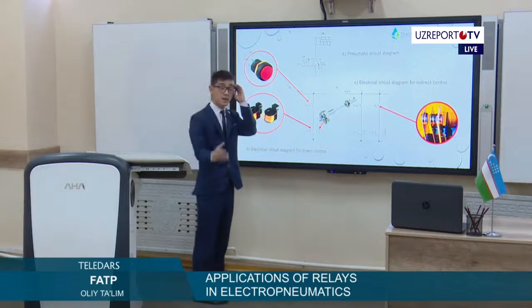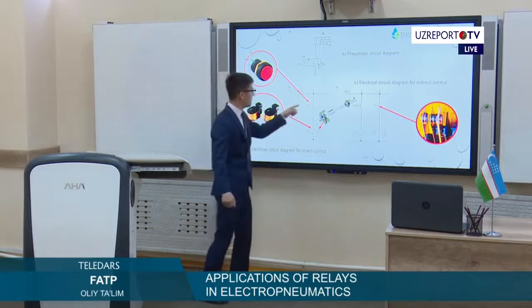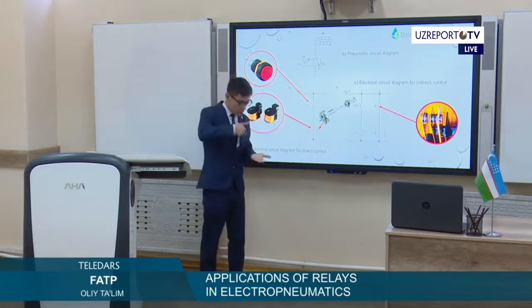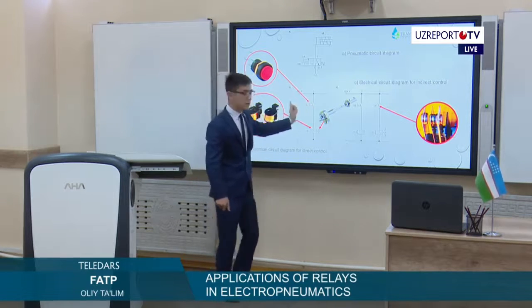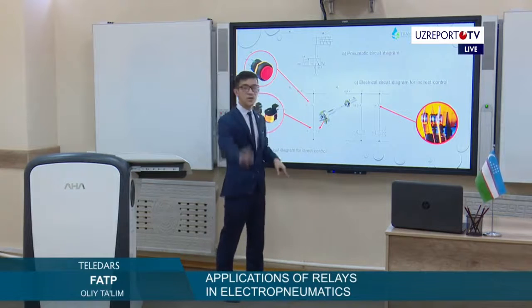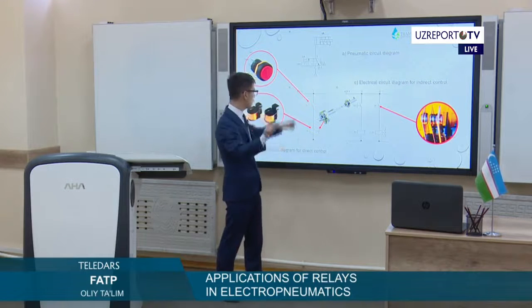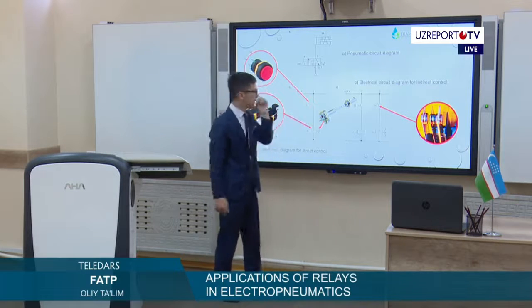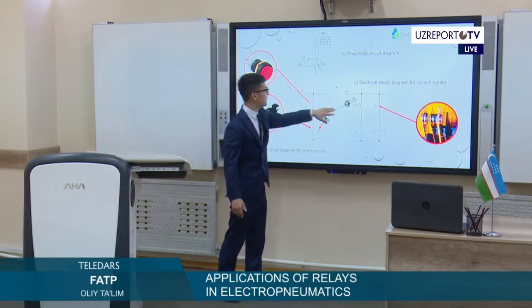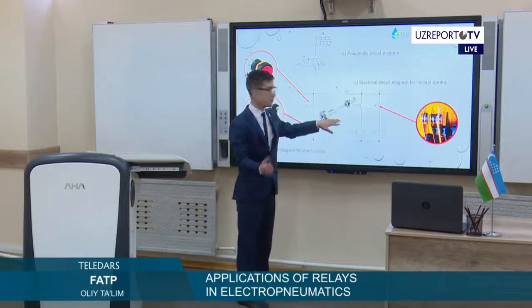And let's talk about how the diagram works. S1 is a push button. You push it, and then this circuit line is closed, with a common voltage of 24 and -24, and the relay makes a connection, and the electropneumatics starts to work. And let's talk about C, which is the indirect controller.